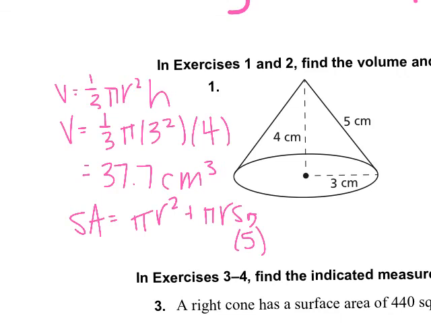What'd you get? I hear you whispering it. Say it louder. I got 75. Thank you, John. All right, 75.5 centimeters squared.